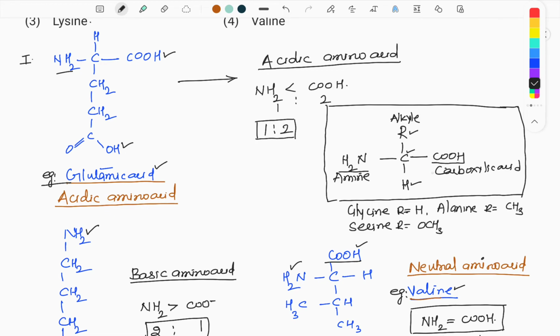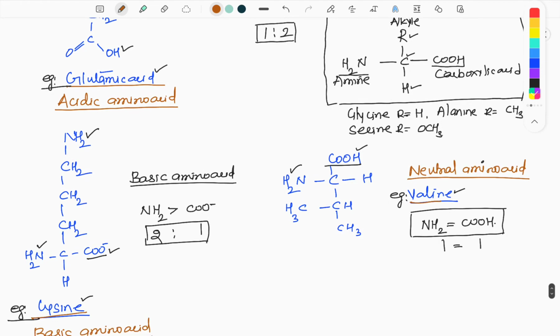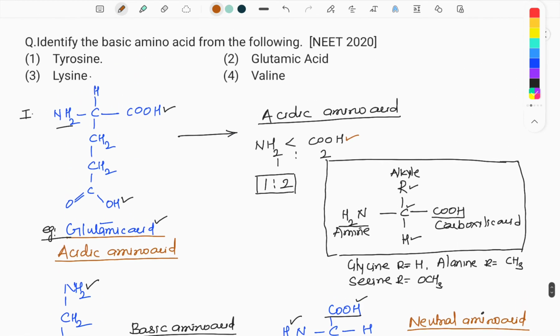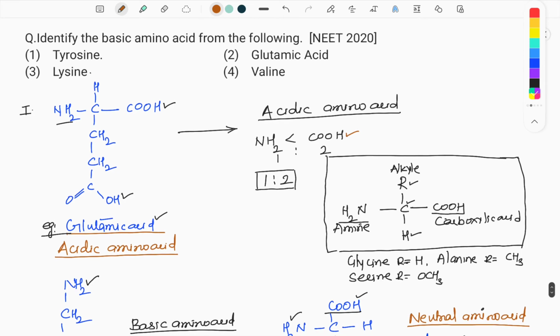If carboxylic acids are greater than amine groups, such are called acidic. If amine groups are greater than carboxylic acids, such are called basic. If amine group and carboxylic acid are both equal, that is called neutral amino acid. So that is the basic information about the types of amino acids.